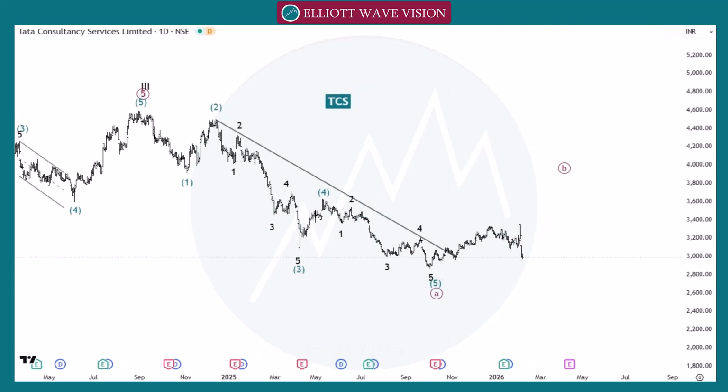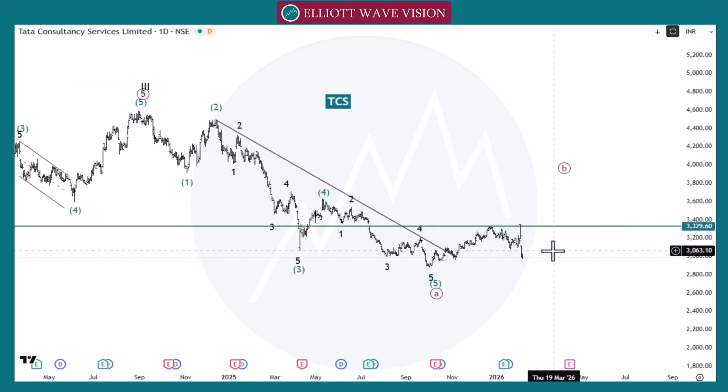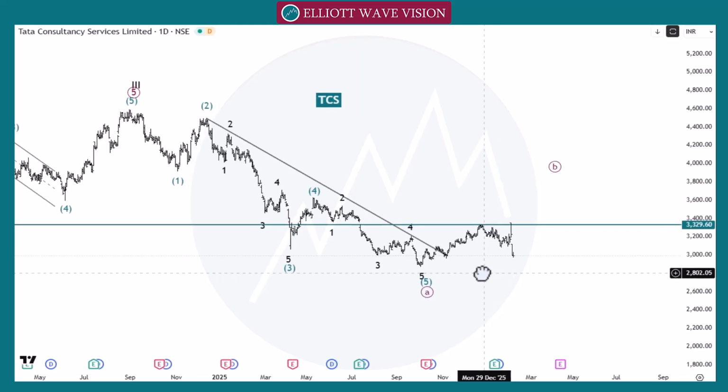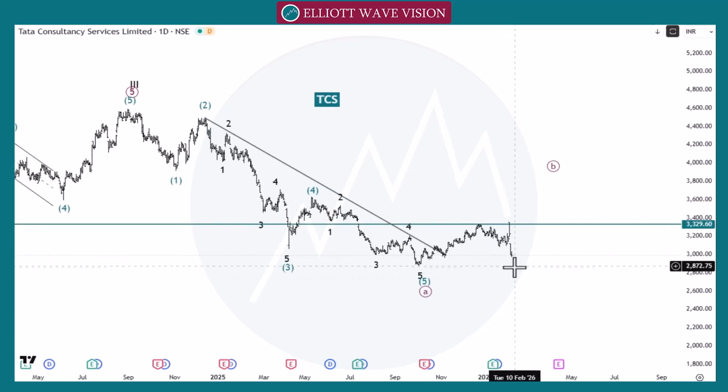So at this point, market completed its wave A, then gave us the impulsive move towards the 33. 3300 belongs to the group 1. At 33, market gave us the arrival, a reaction as a B and C flat pattern.